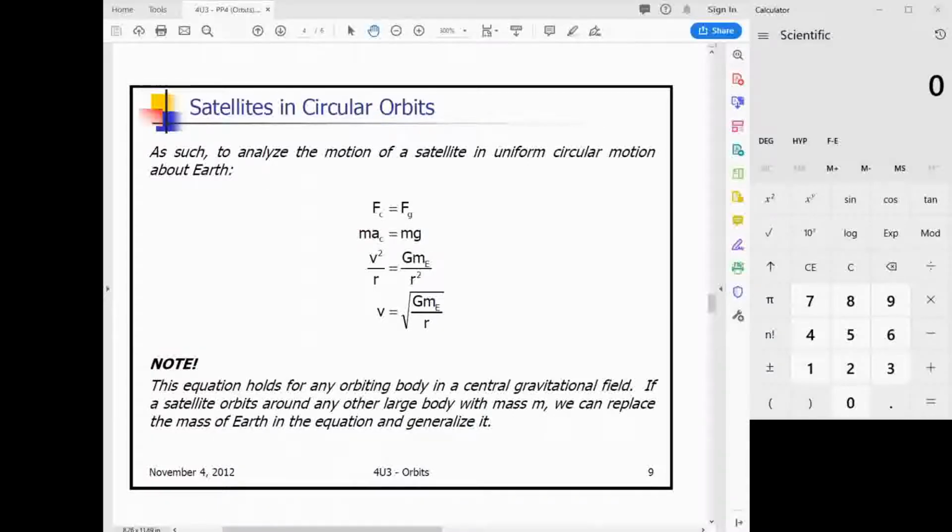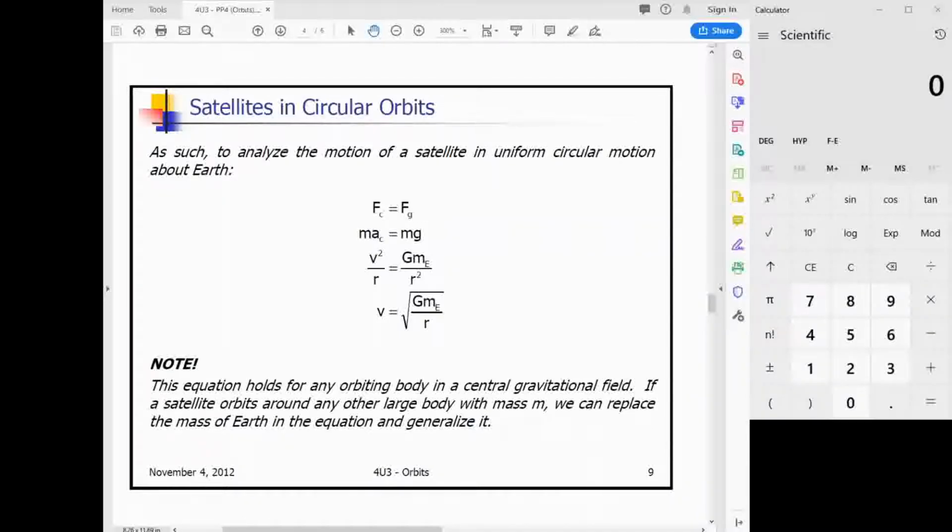So how do we find out what this orbital radius is of a circular orbit? We go back to what we learned in Unit 1. We were talking about centripetal force. The centripetal force is equal to, if you remember, m times our centripetal acceleration.